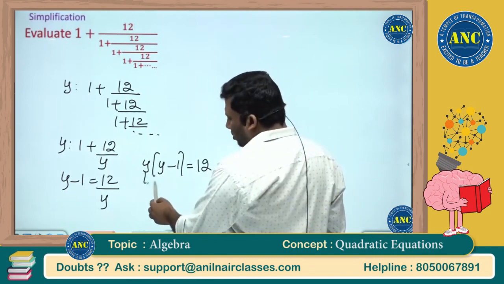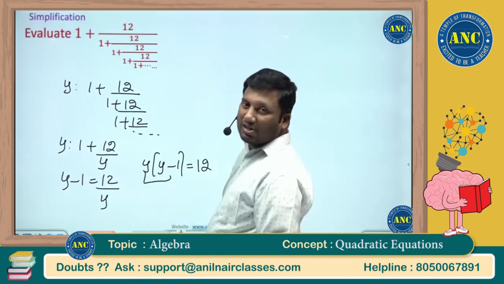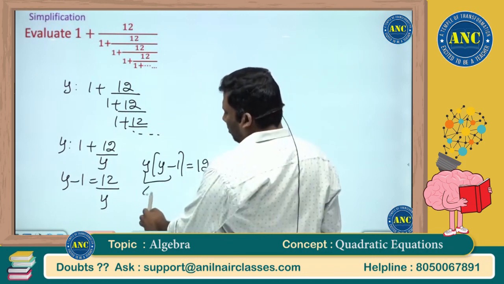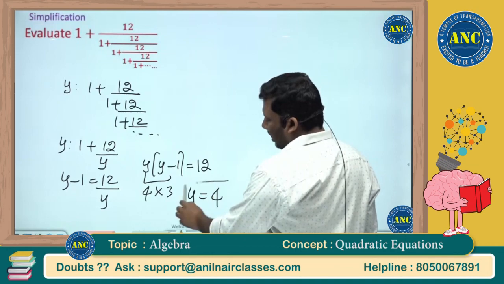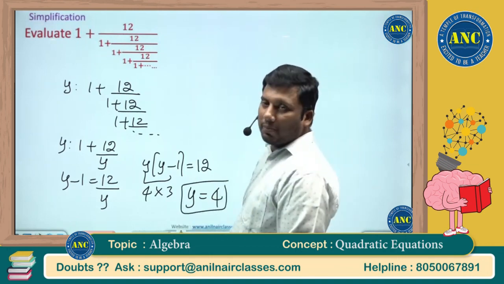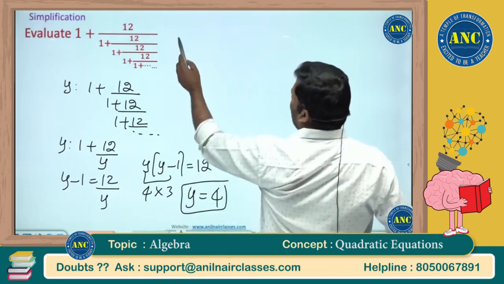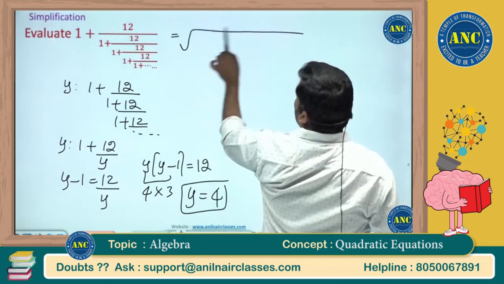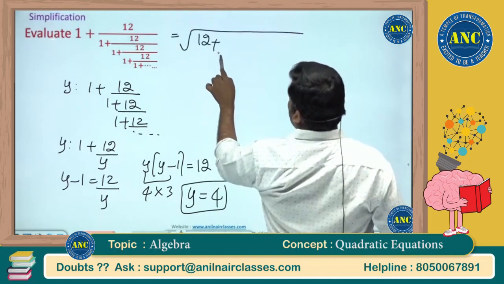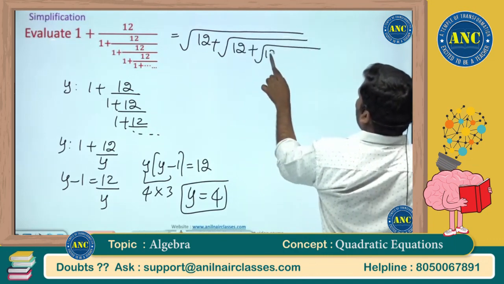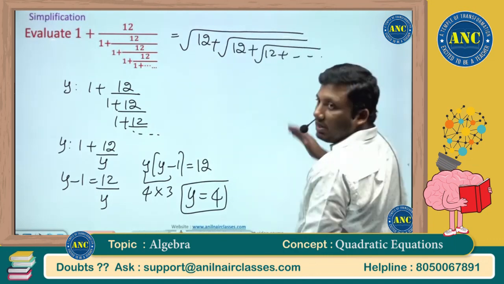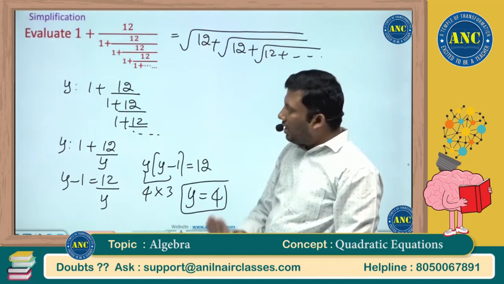These both are consecutive numbers. Y minus 1 is 1 less than y, so this is 4 into 3. Y is 4. That is exactly what I wrote in the previous thing. This is equivalent to the answer, square root of 12 plus, and so on. They both are exactly similar to each other.